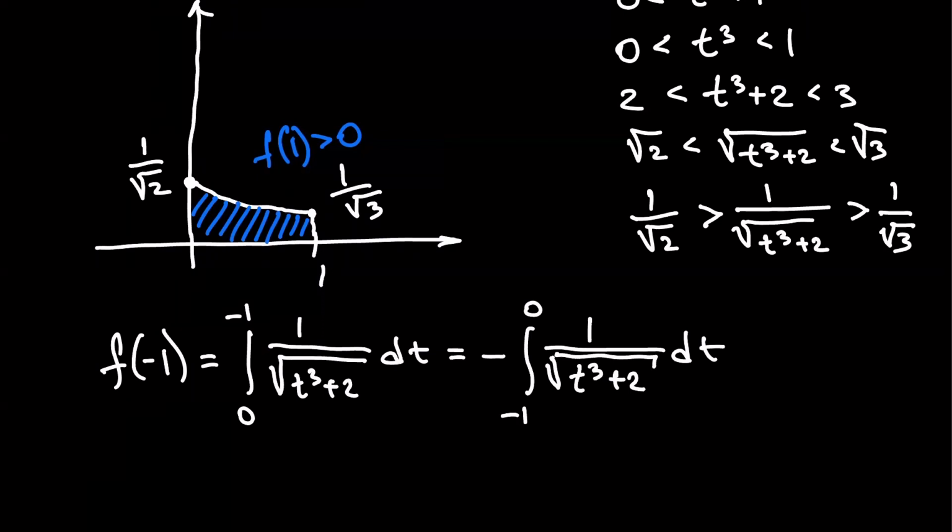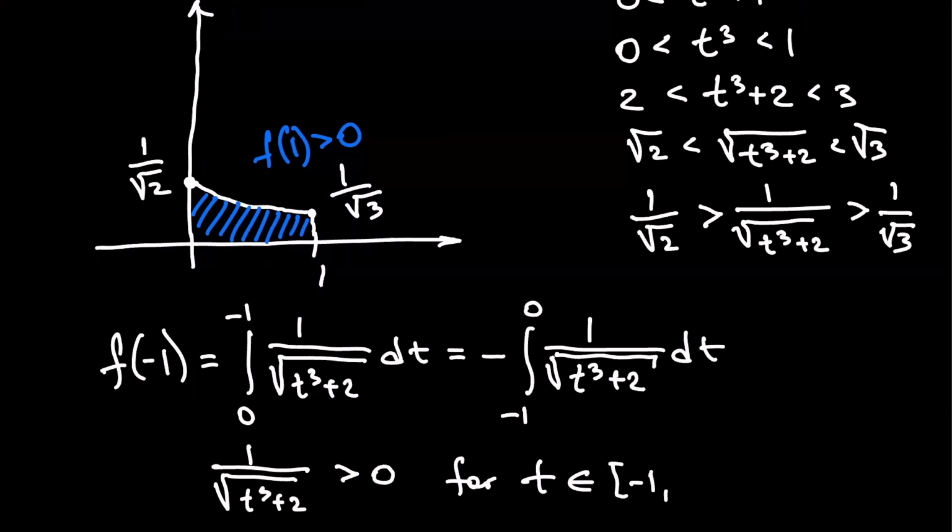And we can show in a similar fashion, and let's do that, that the expression of 1 over the square root of t cubed plus 2 is greater than 0 for t which belongs to the interval from -1 to 0.